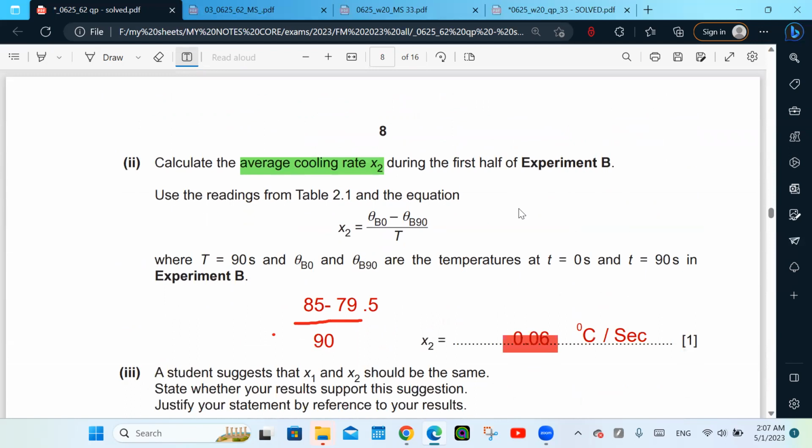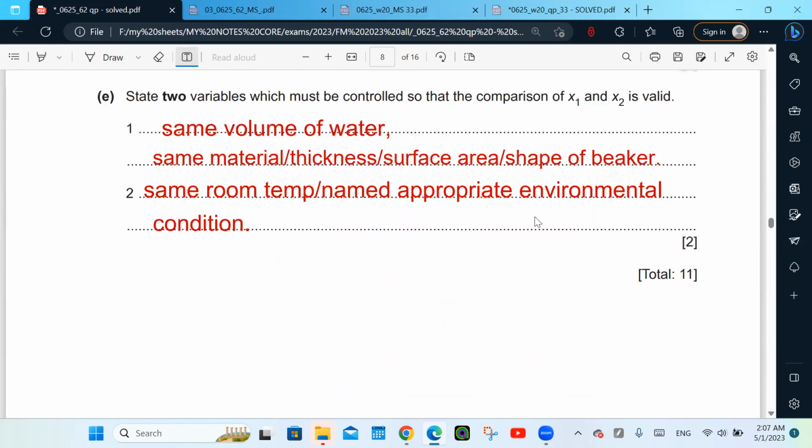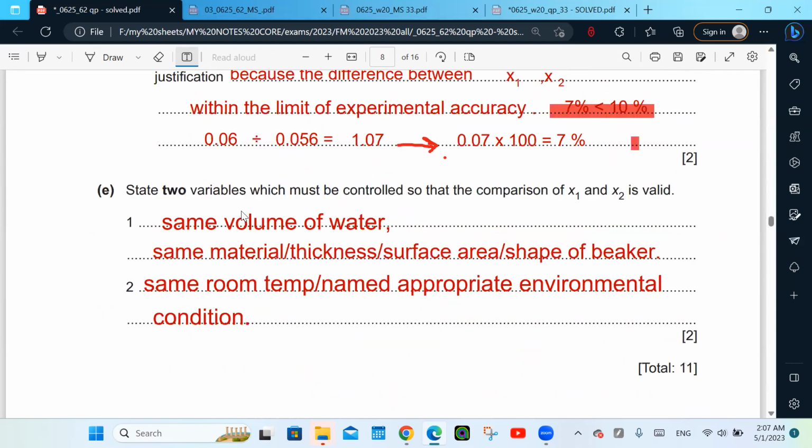So at the end of the question, when it asks you to state the two variables which must be controlled, don't say same initial temperature, because this is an independent variable, the variable I changed in the first place.